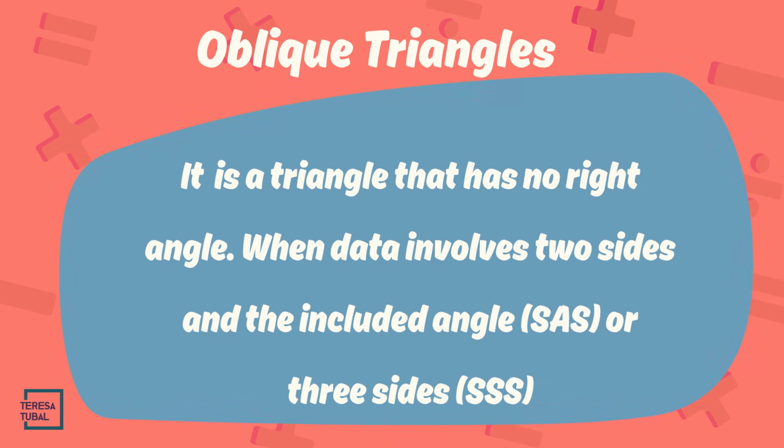Oblique triangles have no right angle, and the data involves two sides and the included angle, SAS, side angle side, or three sides, side side side.